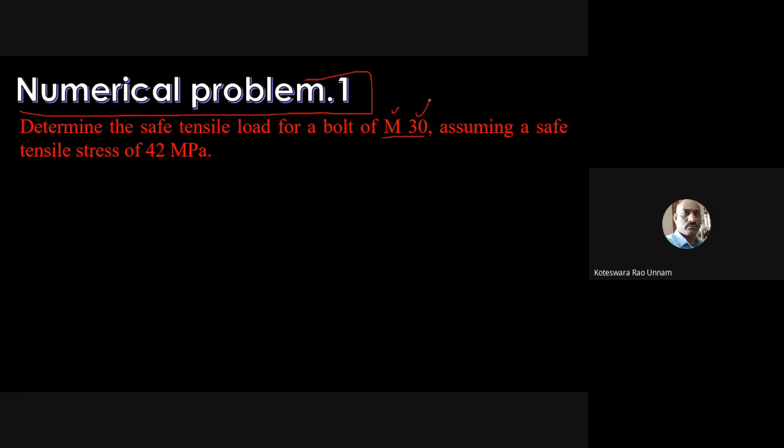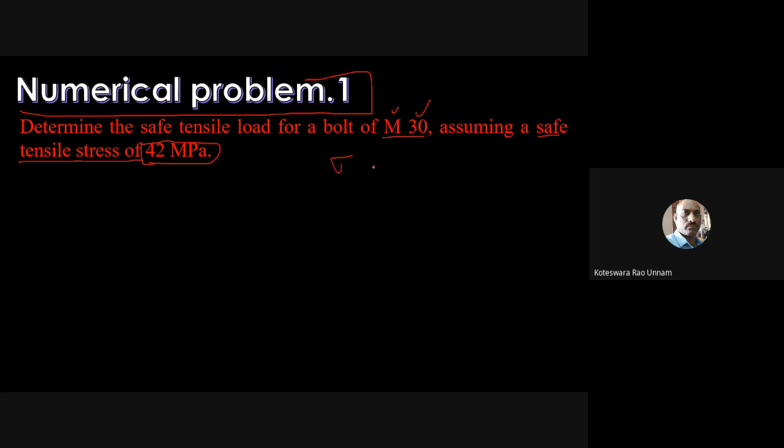For that, first you should know the allowable tensile stress. Here he has given the allowable tensile stress, that is the safe tensile stress, of 42 MPa. Now, how will we proceed? We know the formula for the tensile stress.